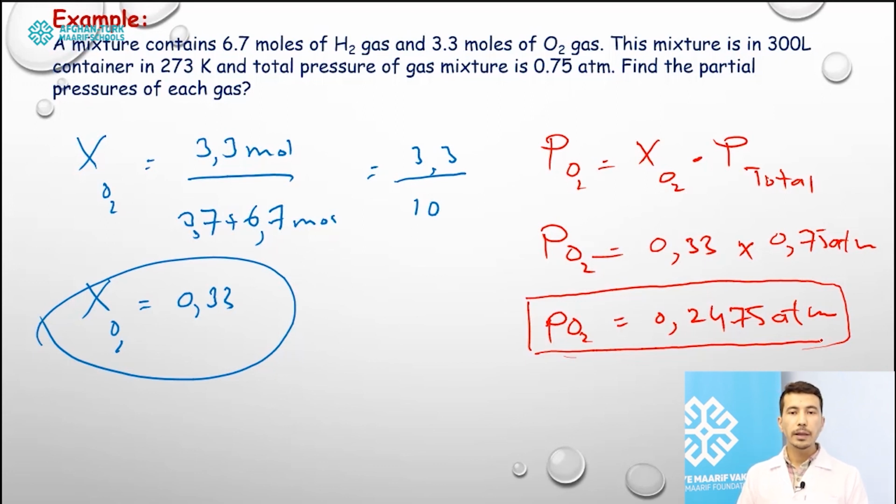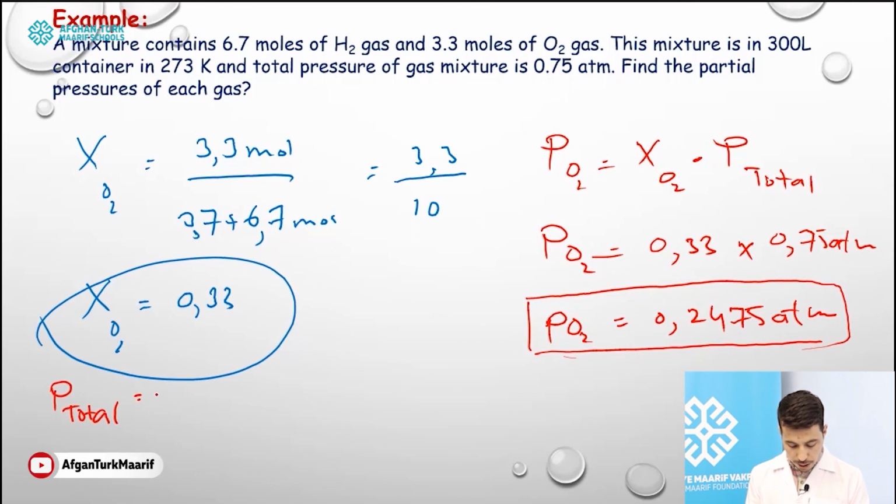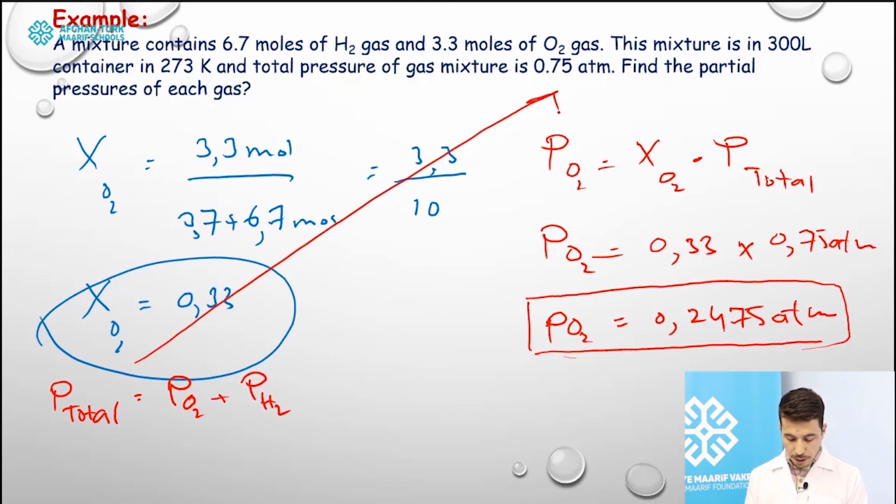From the very beginning, I told you an equation that P total was equal to P1 plus P2. So let's see if they are equal or not. We can write P total is equal to PO2 plus PH2. What's the value of P total? The value of P total is 0.75. 0.75 is equal to, what's the value for the PO2?